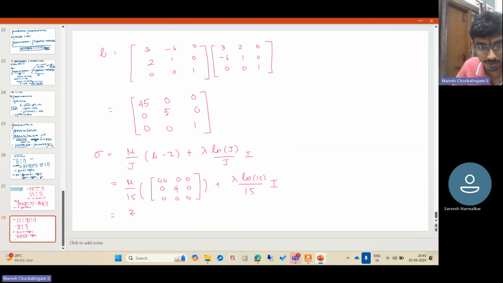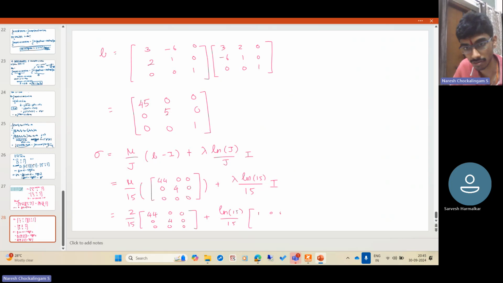So it is 2 by 15 into that matrix, plus 3 by 15, which is 1 by 5, into log 15, times the identity matrix.